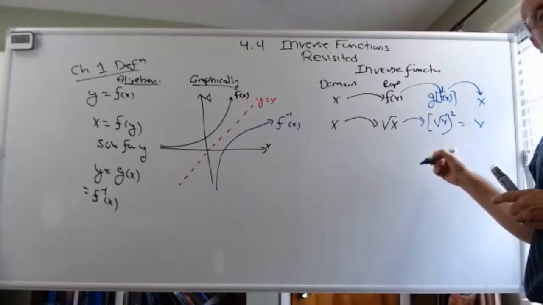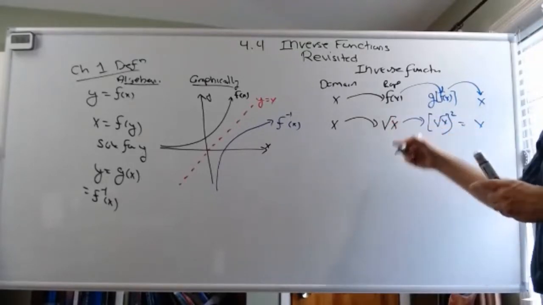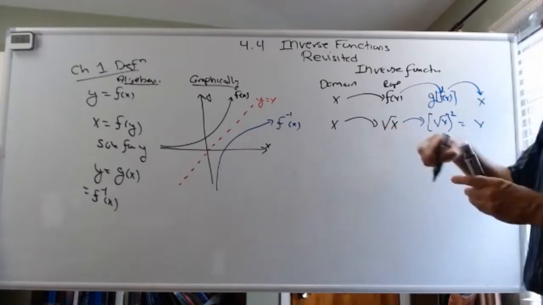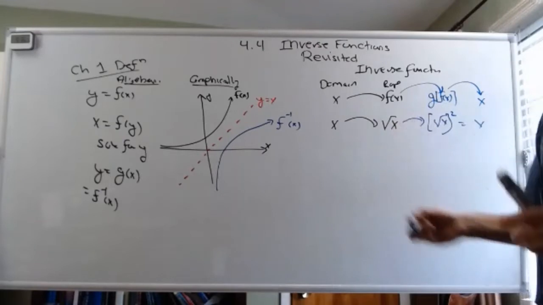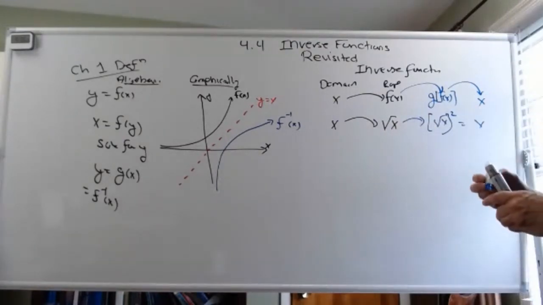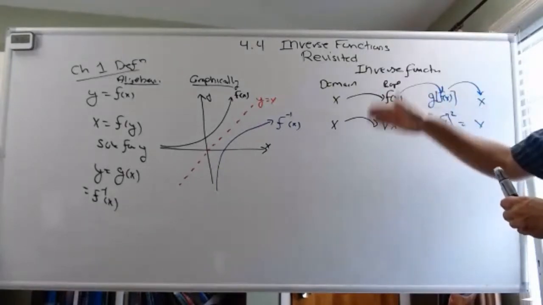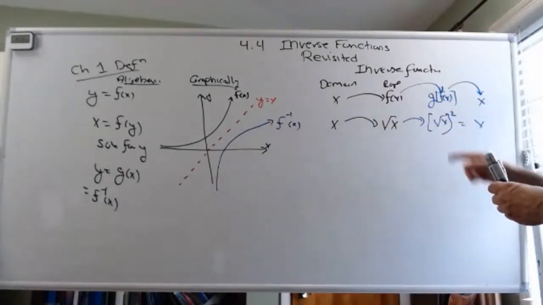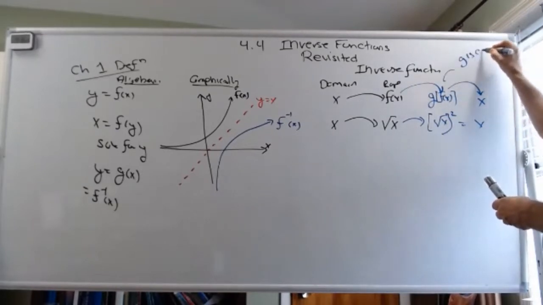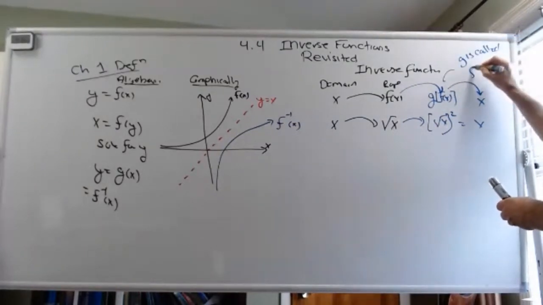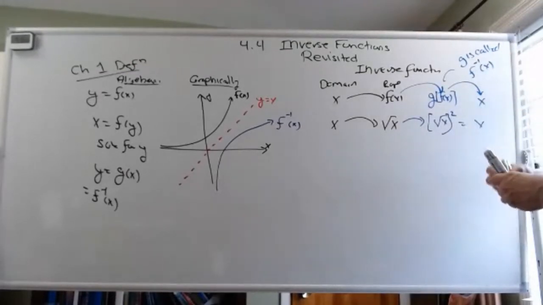It undoes the function. A square root is undone by a square, and a square is undone by a square root, with some modifications to the domains to make sure that we're not taking square roots of negative quantities and all things like that. Now the other thing that has to be true is that it has to go both ways. If that's my function g, g is called the inverse function of f.